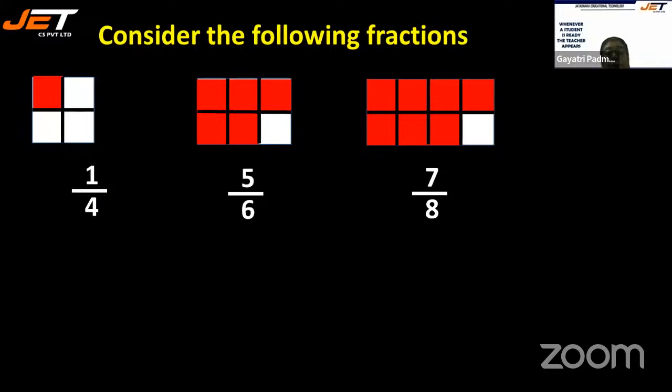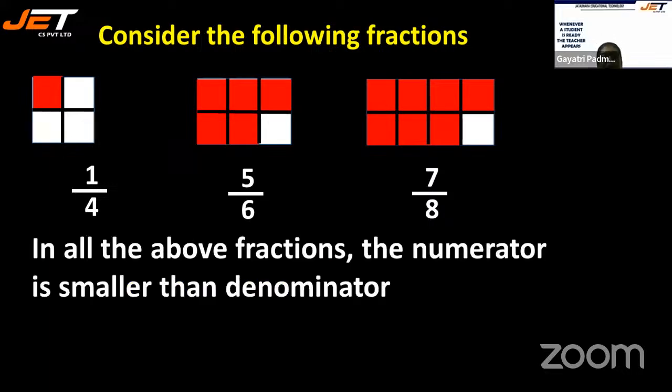All right. Now let us look at the fractions. How much is highlighted? 1 out of 4, 5 out of 6, 7 out of 8, because they are all vertically placed. Now in all the above fractions, the numerator is smaller than the denominator.